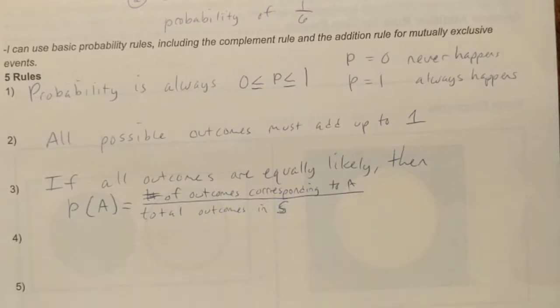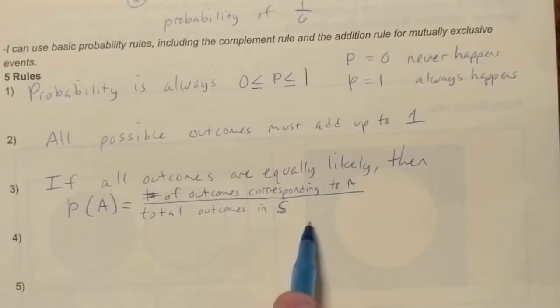Number of outcomes corresponding to A, or event A, and then total outcomes in S.